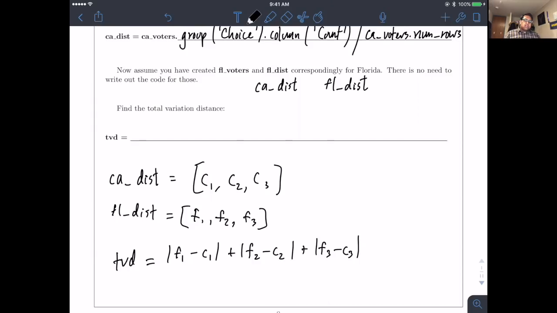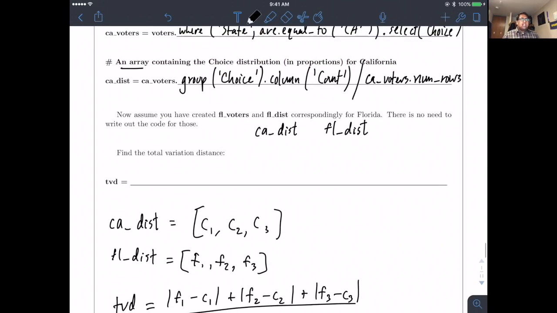So we're summing together the absolute value of the difference between each of these. And then we're going to divide that by 2. Right? So TVD will be set equal to the sum of the absolute values of the differences between corresponding elements of the array divided by 2. And that's just the definition of total variation distance, and that's something you should have learned in lecture.